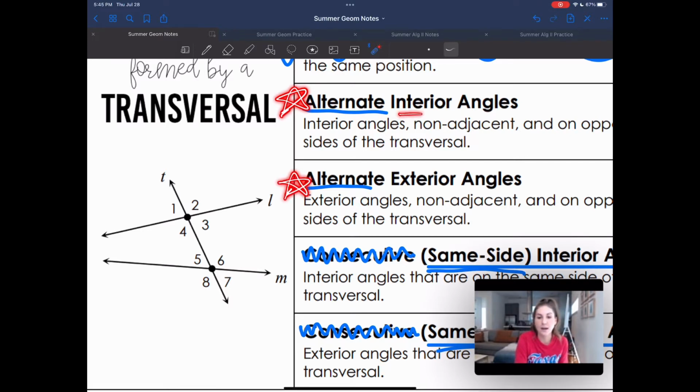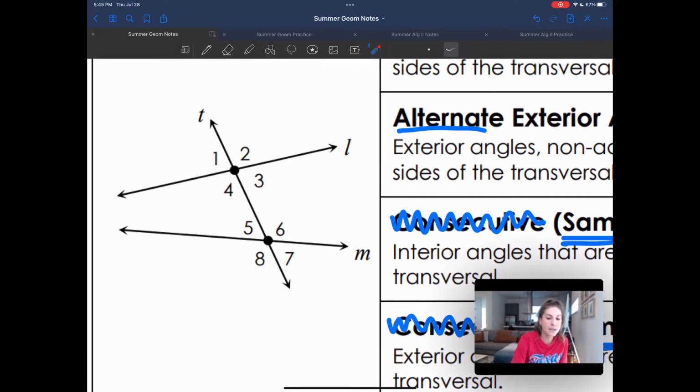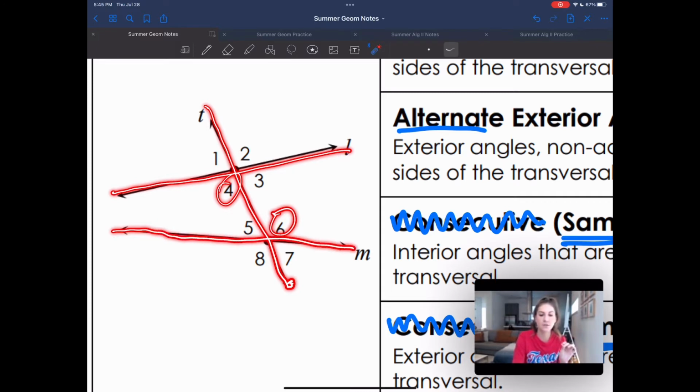Let me show you now how to determine that part of the term, okay? So again, we are looking at 4 and 6. We know it's alternate something because they're on different sides of the transversal line. To determine interior or exterior, you look at the other two lines. So I'm going to highlight this one and this one. Take a look at those two lines.